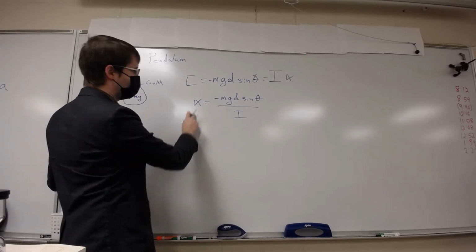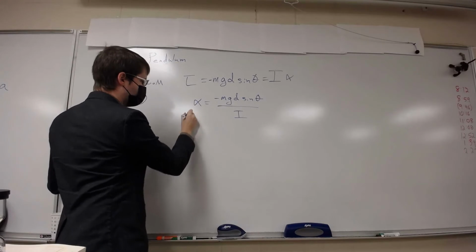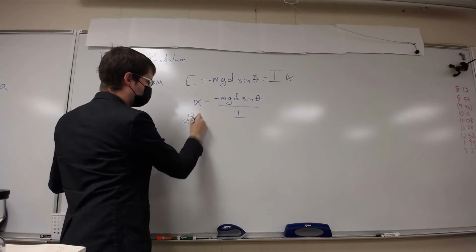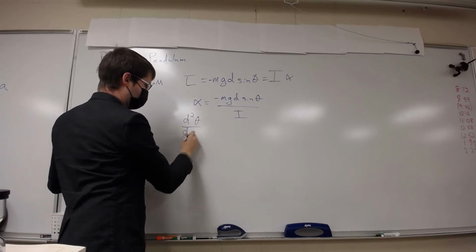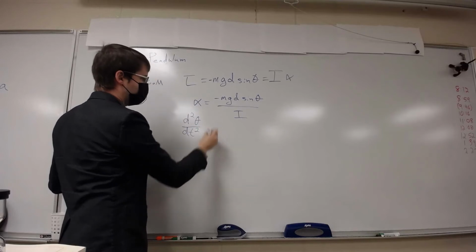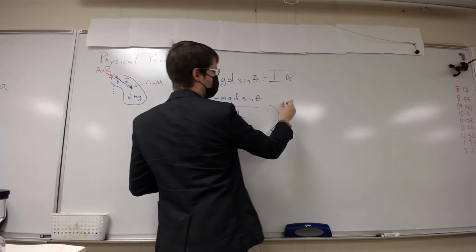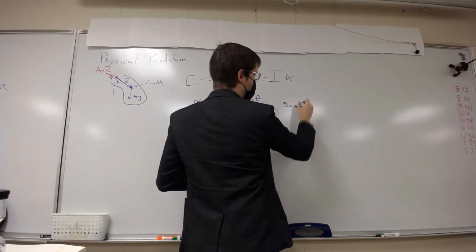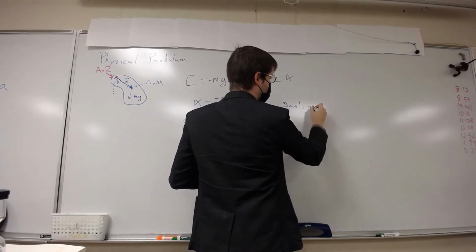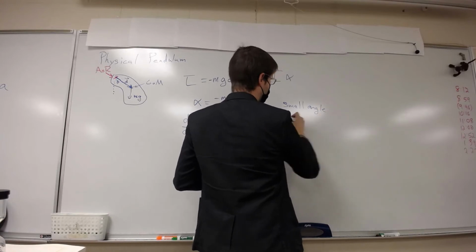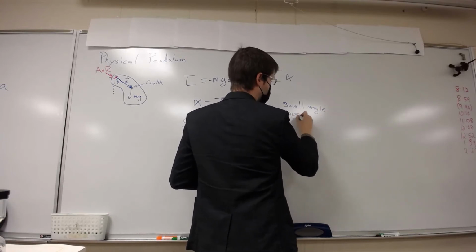So let's go ahead. We'll do that here in this next step, but this is going to be equal to d squared theta dt squared. And then the other thing that we're going to do is, you remember the small angle approximation?